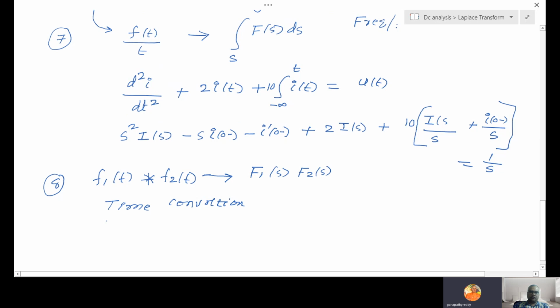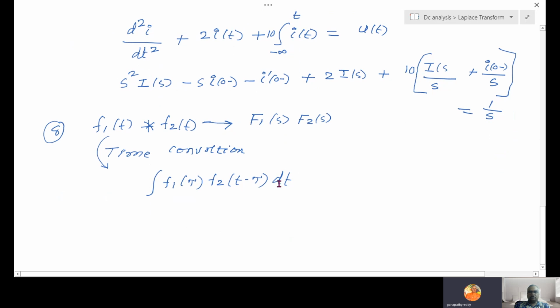What is the formula expansion? Integral of F1 of tau F2 of t minus tau d tau. So what is the meaning of convolution? You will understand in signals and systems.